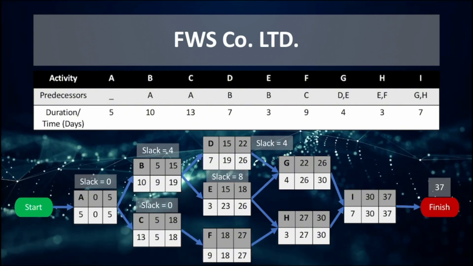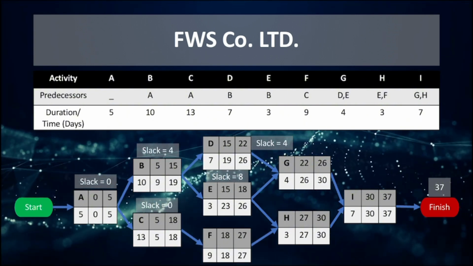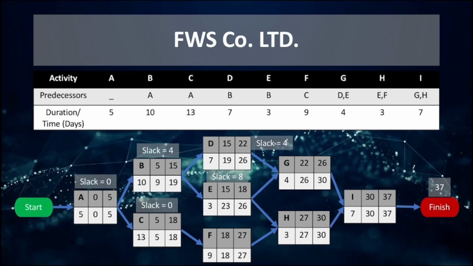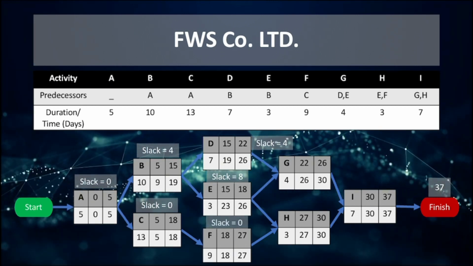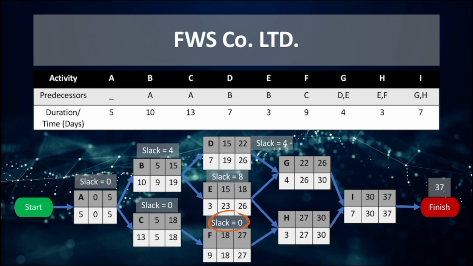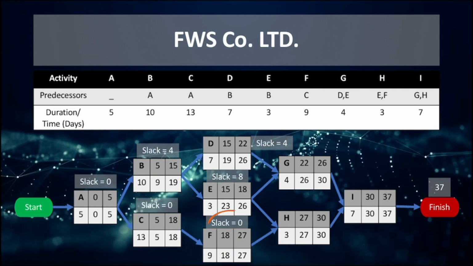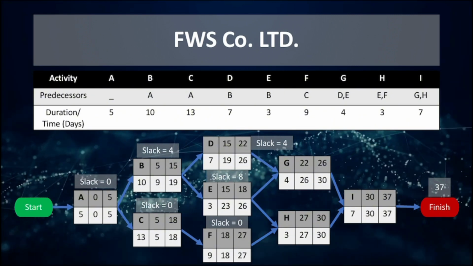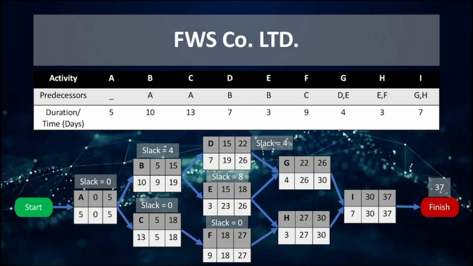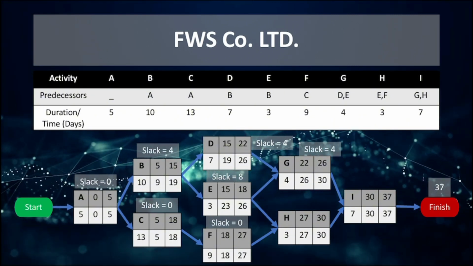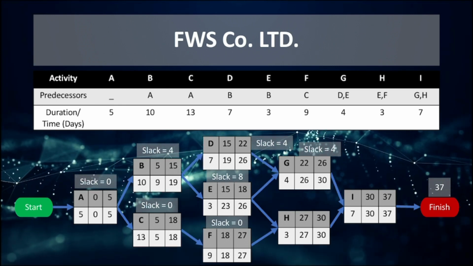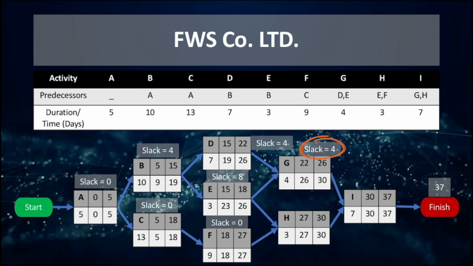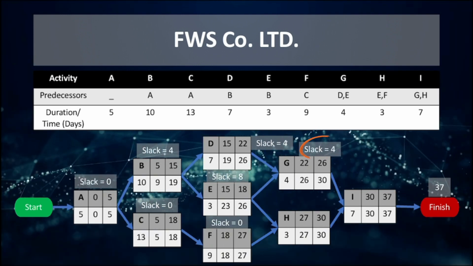The slack for F is 18 subtracted by 18, or 27 subtracted by 27, which is equal to 0. So the slack for F would be 0. The slack for G is 22 subtracted by 26, or 26 subtracted by 30, which is equal to 4. So the slack for G would be 4.